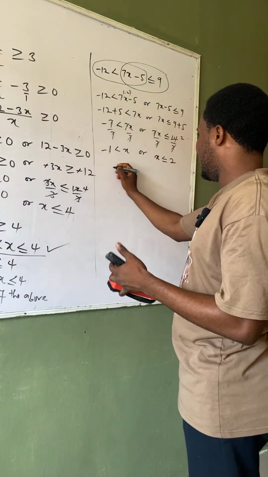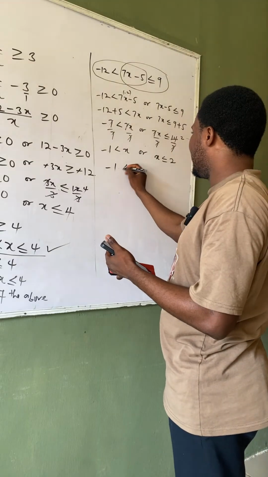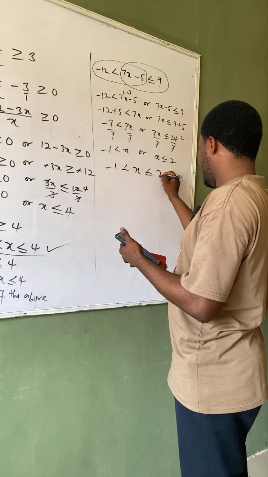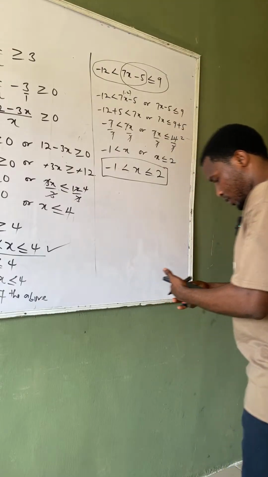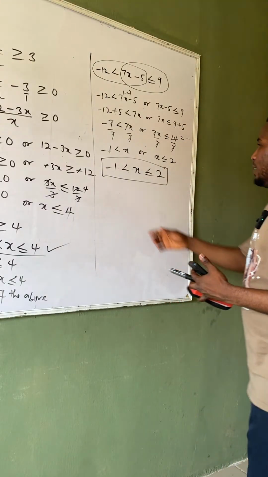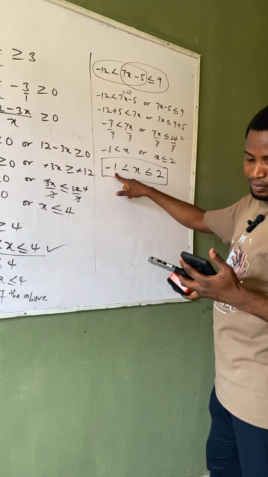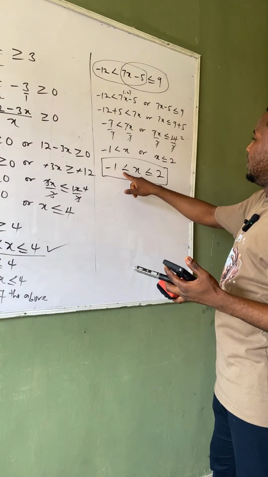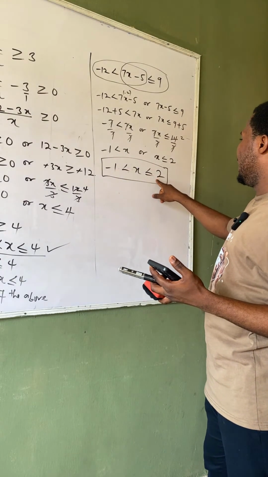So I can say that minus 1 is less than x, or is less than 2. So we can use this to tell you that the value of x ranges from, now minus 1 is not inclusive, right? Then x is greater than minus 1, then less than or equals to 2.